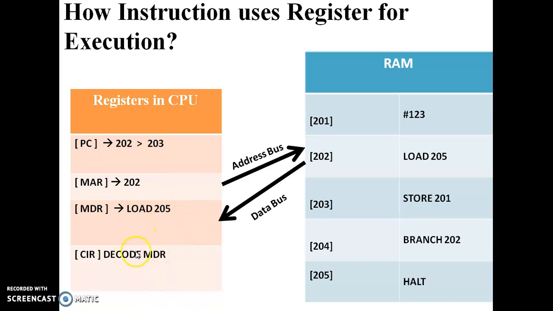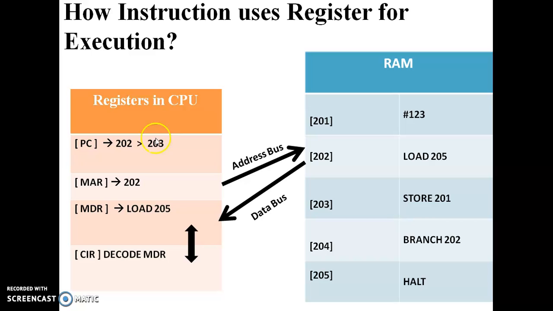This decoding and executing will be done in the CIR, that is the current instruction register. Once this fetch cycle for this particular instruction has executed, the program counter will increment itself from 202 to 203.